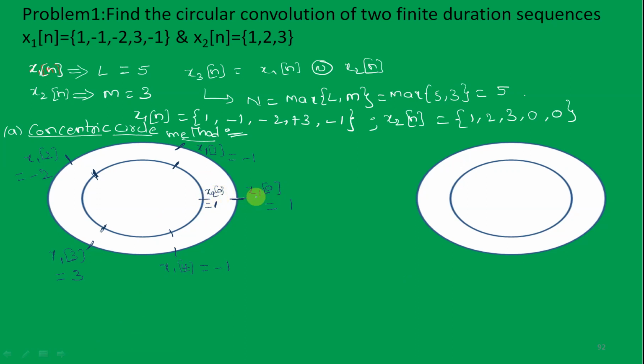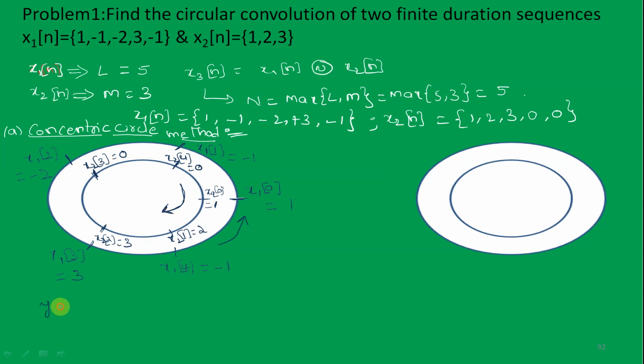So x1 of 0 here, x2 of 0 also here, but in clockwise direction locate the values. x2 of 1 is equal to 2, x2 of 2 is equal to 3, x2 of 3 is equal to 0, x2 of 4 is equal to 0. Here the outer circle is in anti-clockwise direction, but the inner circle is in clockwise direction.